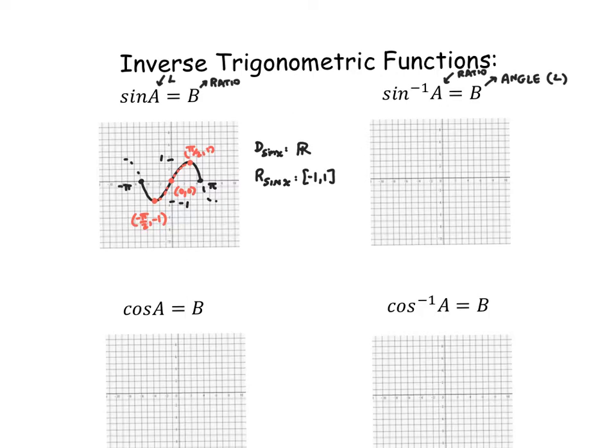So the inverse sine will still take on the point 0, 0. But now it'll take on the point 1, pi over 2. Over 1, up pi over 2 units. Then the point -pi over 2, -1 will become -1, -pi over 2.